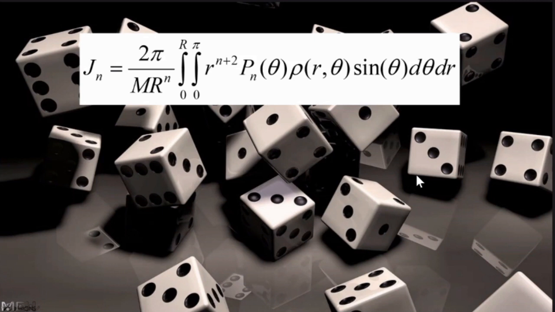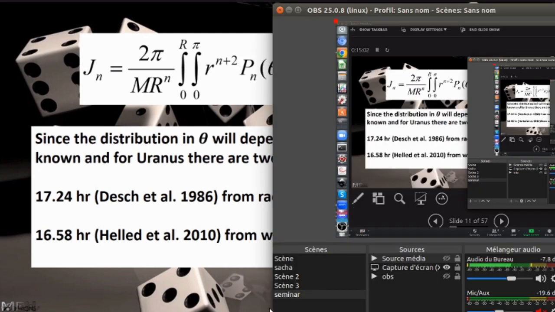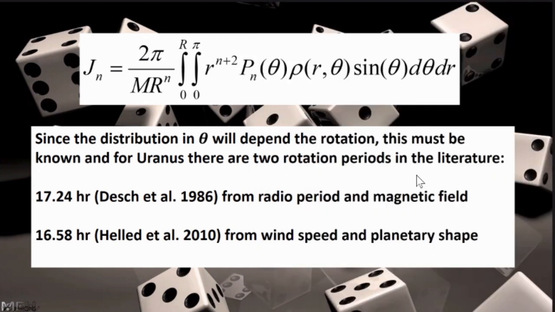First of all, the truth is that it's simpler. But the official answer is that you need to know the rotation rate. I need to know the shape of the planet in order to calculate the J's. And there are two rotation rates in the literature. One is the Voyager period that was measured from looking at the magnetic field and the radio observations, and that's 17.24 hours.